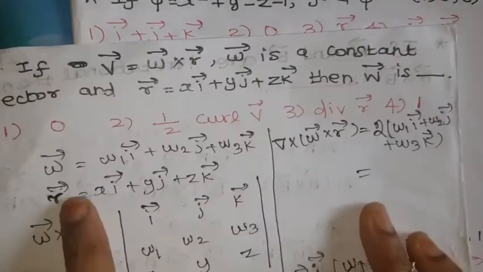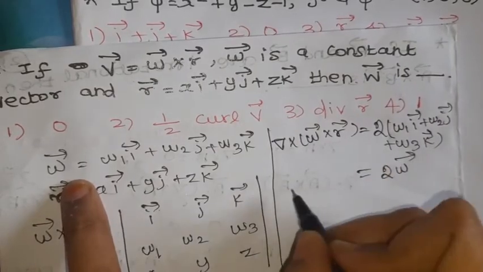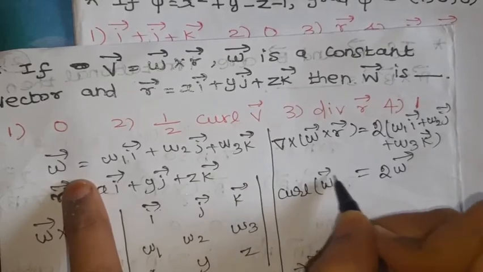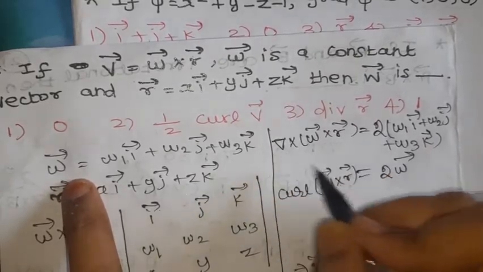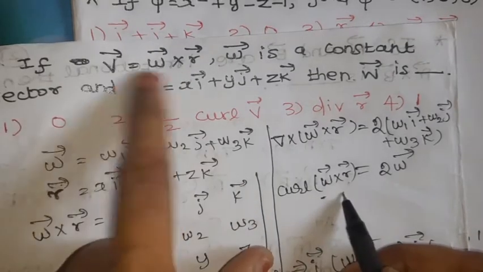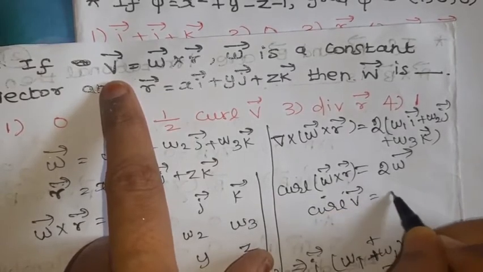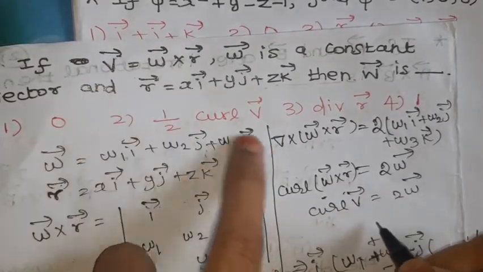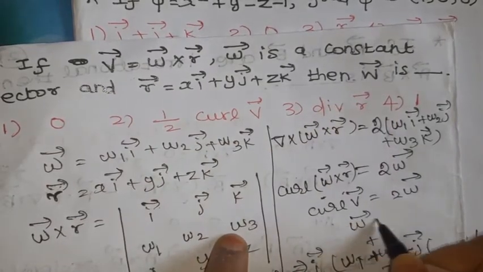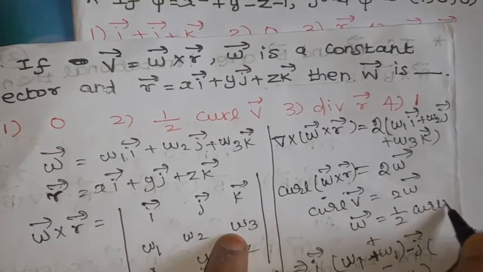What is w1, w2, w3 is nothing but simply the 2W vector. So del cross means curl of W cross R. What is W cross R? W cross R is nothing but V. So 2W. Now what is W? From this, the 2 goes to the other side as half curl V.